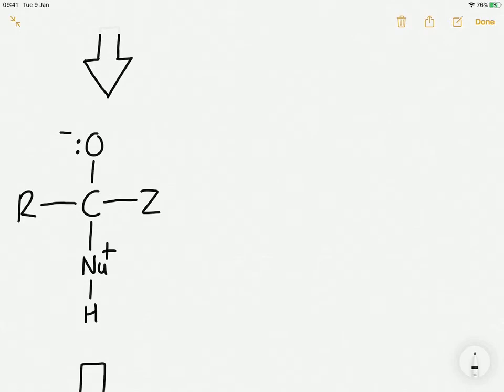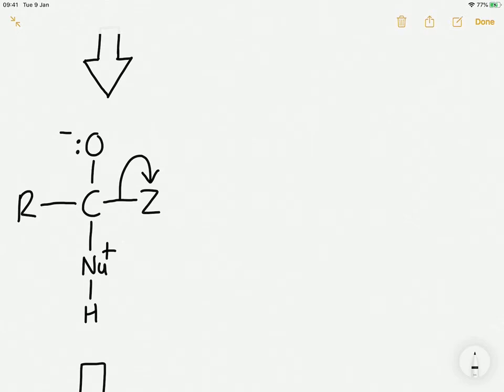So some parts of this are obvious and some parts of it are not. The part that's probably most obvious is we classified Z as a leaving group early on in this video. So it has to leave now, right? And the way that that's going to happen is the bond between carbon and Z is going to be broken. And it's going to be broken in a very particular way.